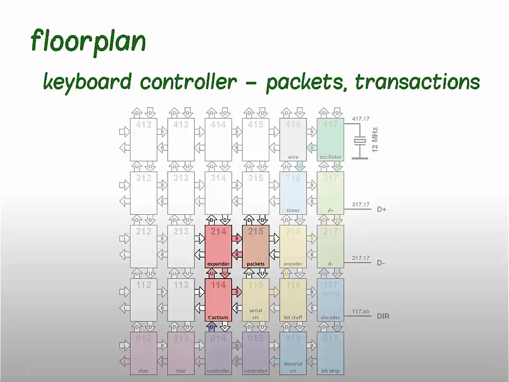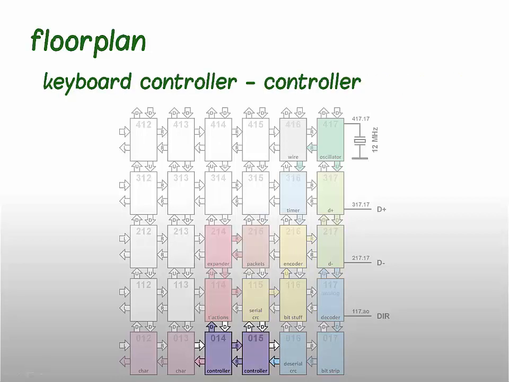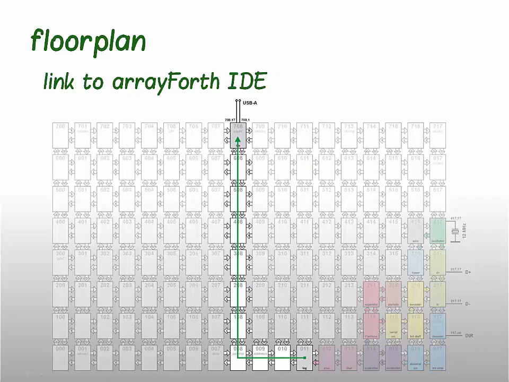The keyboard controller consists of a module with description of packets and transactions, the controller itself, and a character decoder. For the purpose of the demo application, we also have a link that allows communication between the USB host and ArrayForth IDE.